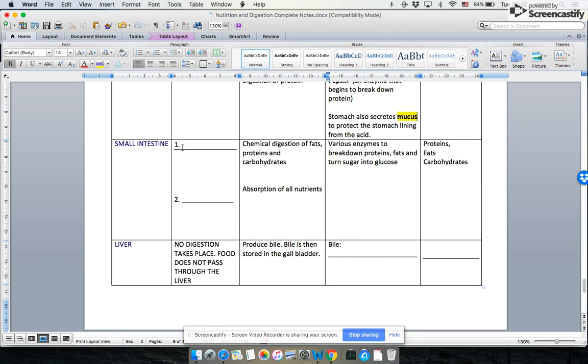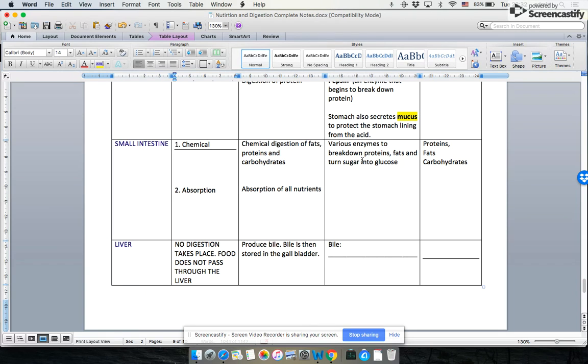With the small intestine, we have chemical digestion, and we also have absorption. In the small intestine, there's the chemical digestion of fats, proteins, and carbohydrates.